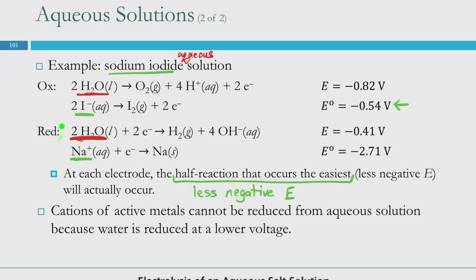And for the reduction side, we've got sodium versus H2O. H2O's got a much less negative electrode potential. So we would expect that we will get some reduction of water.